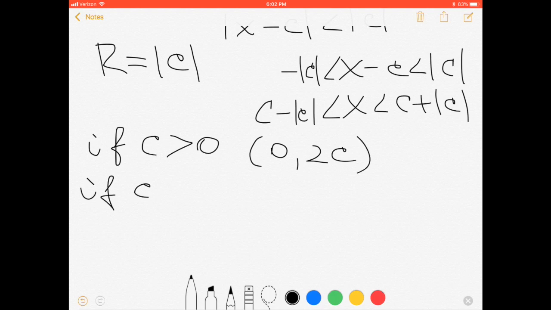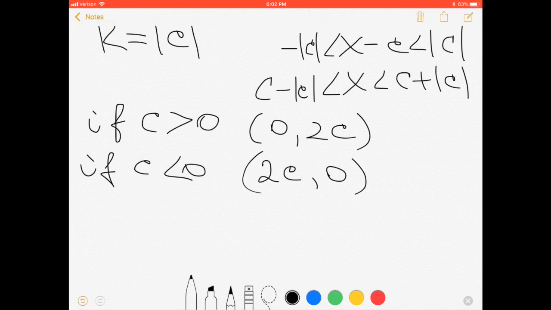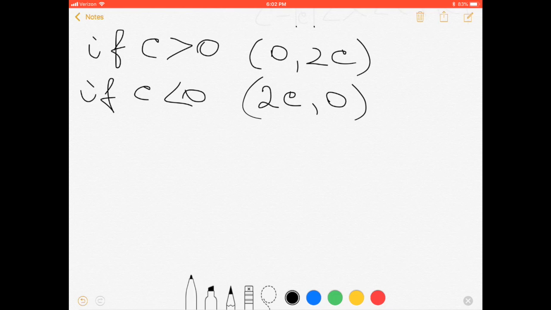If c is negative, you have 2c to 0. And I think you can easily check the endpoints and tell me what happens with the endpoints.